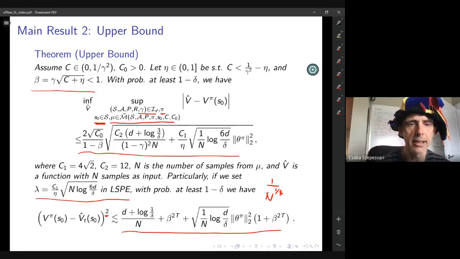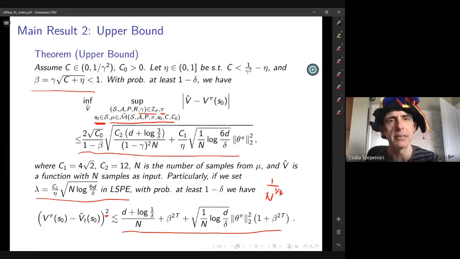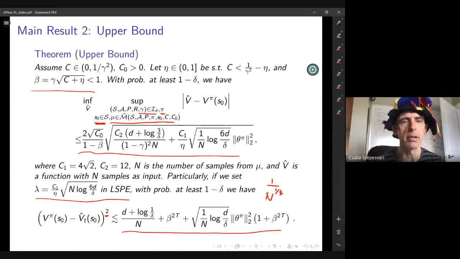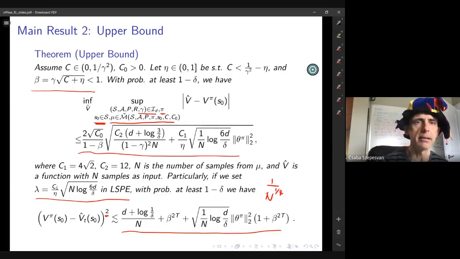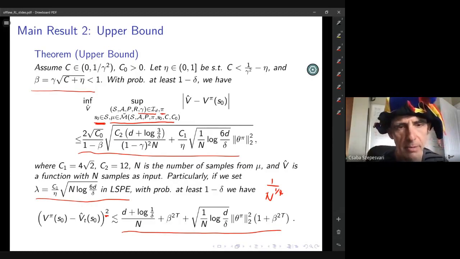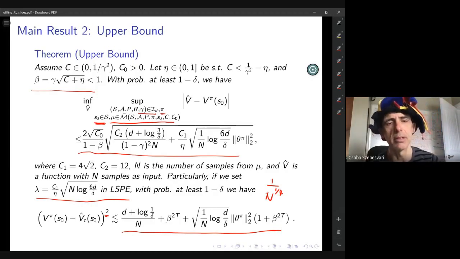That seems pretty strong. I would expect that for any fixed MDP, with probability at least 1 minus delta, this error bound holds. But what is written here is that with probability 1 minus delta, for any MDP whatsoever, this error bound holds.